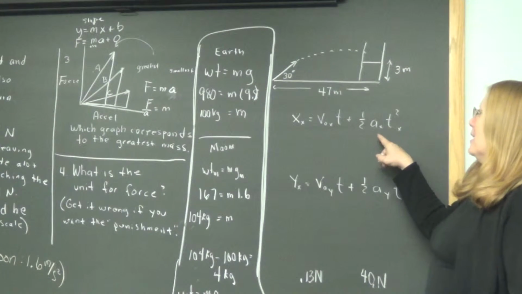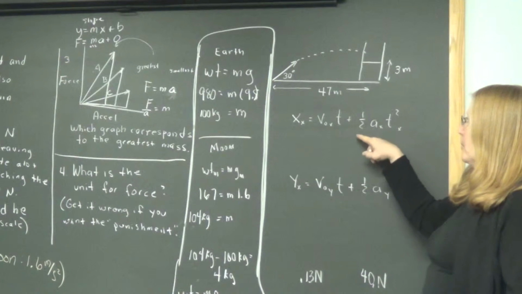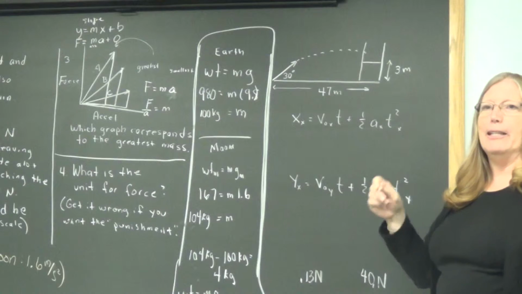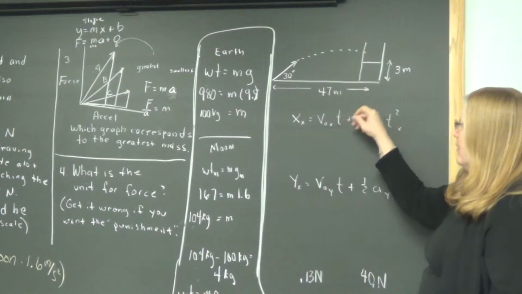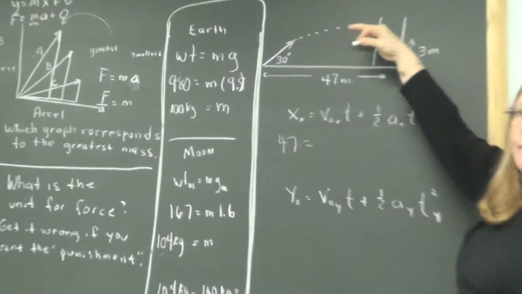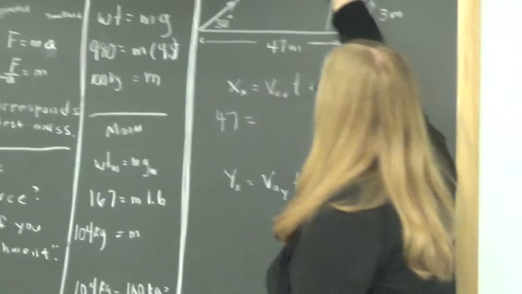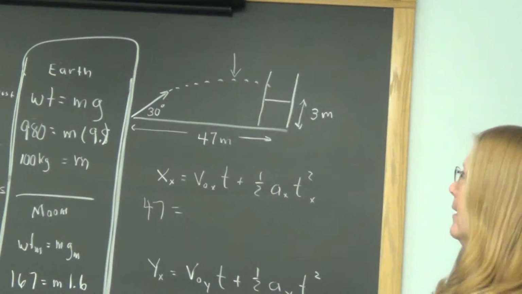All right, so remember how these work. We always use the equation, and we always use one to find time and the other to use time. So I think we know 47 is the distance in x. A lot of people tried to give me the maximum height, but the maximum height is probably not going to be where it crosses the bar, so that's not going to be helpful.